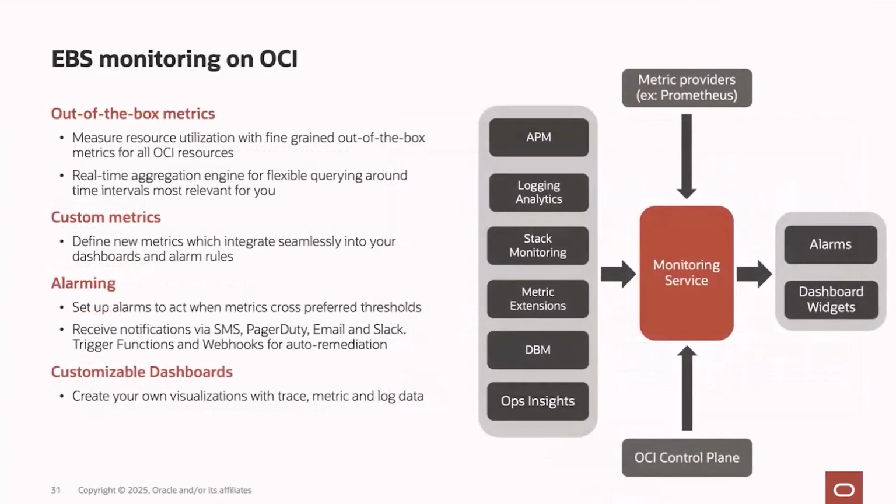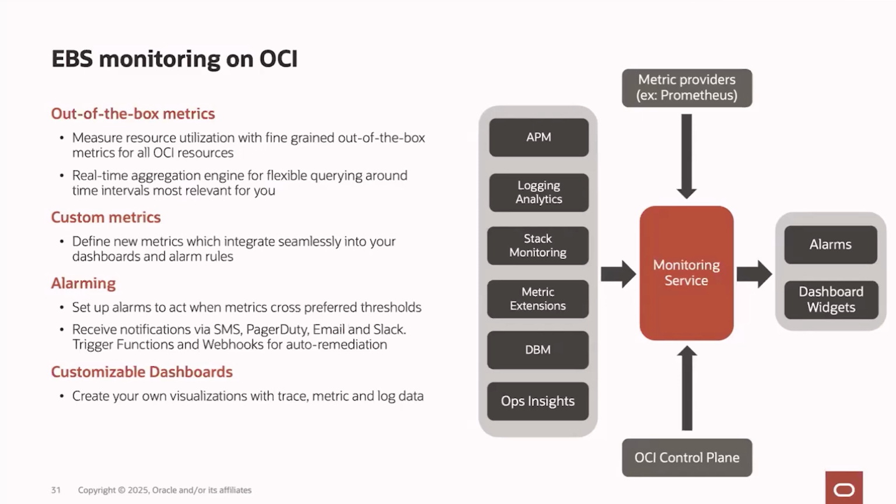So, just as a note, now that we've covered all these different OCI observability and management services, I wanted to show you what EBS monitoring looks like on OCI from a metrics perspective. Each of the services in OCI emits their own metrics. APM emits its own metrics for the trace data, latency, and end user monitoring. Logging Analytics can also emit metrics based on your saved searches.